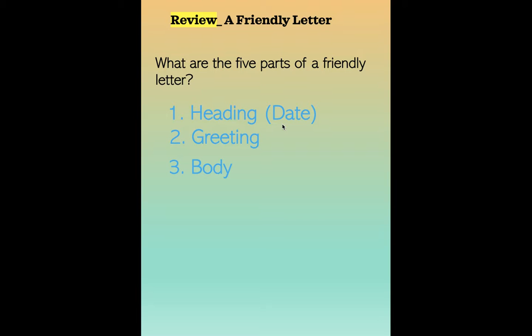Then we have our body. That's the message that we want to send to our friend that we're writing a letter to. We have our closing. Our closing is usually written as your friend, or it might say sincerely or best regards. And then you have your signature, which is your actual name.